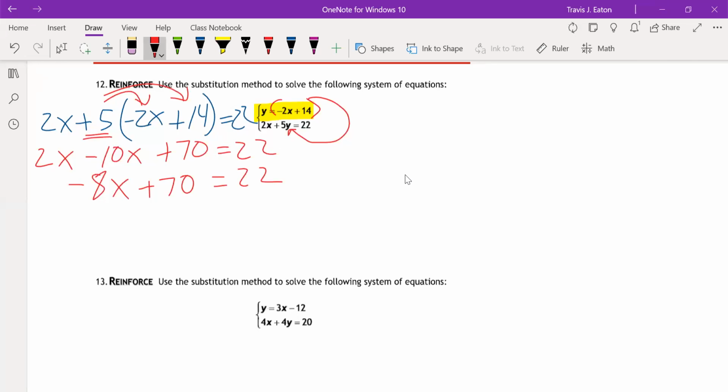And now I have to continue to isolate my variable, so I'm going to subtract 70 from both sides. And when I do that, let's see, 22 minus 70 is negative 48.